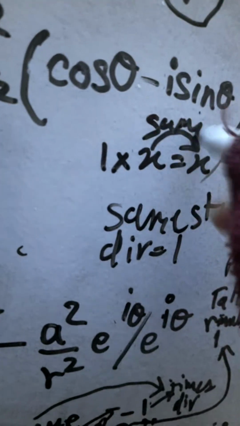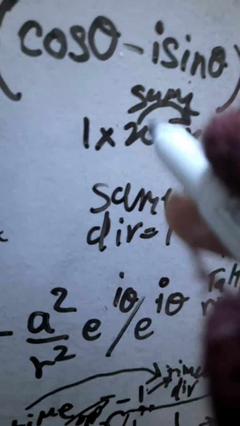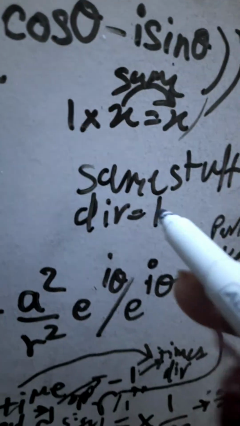Division only tells what, multiplied by this, would give this. So if we get the same stuff when we multiply by 1, then when we divide same stuff by same stuff, it would be 1, right?